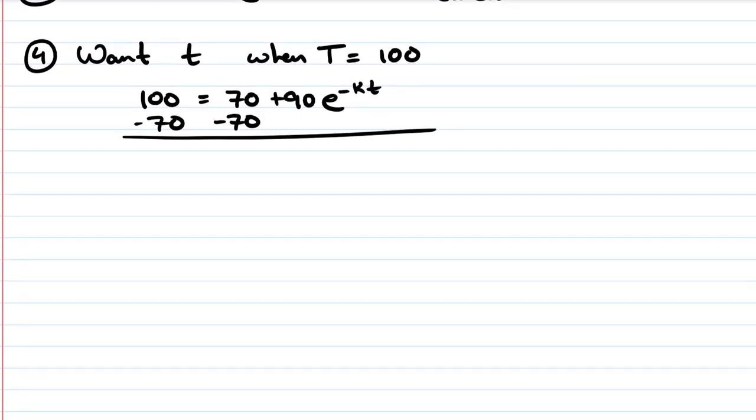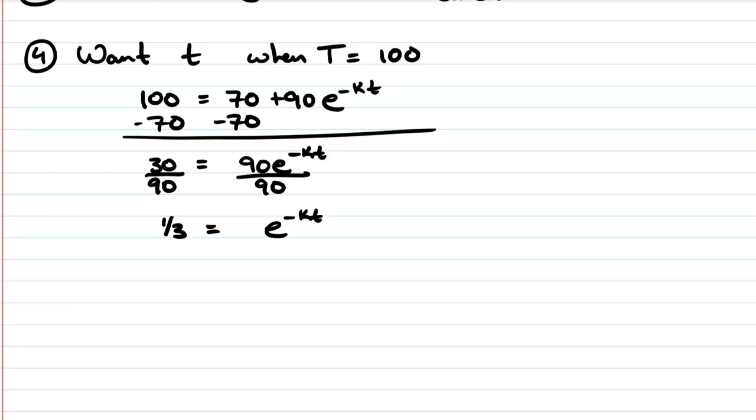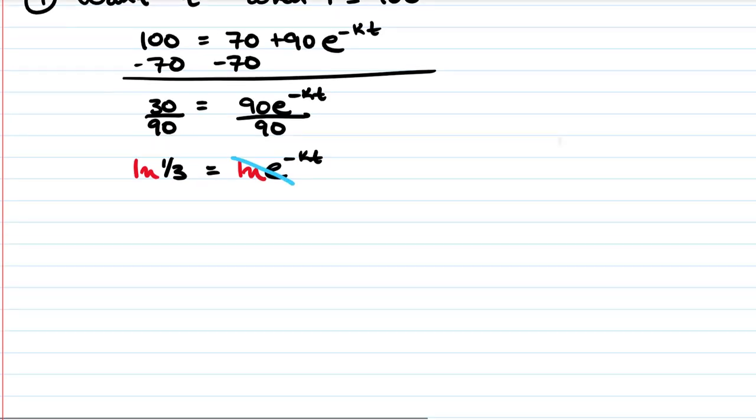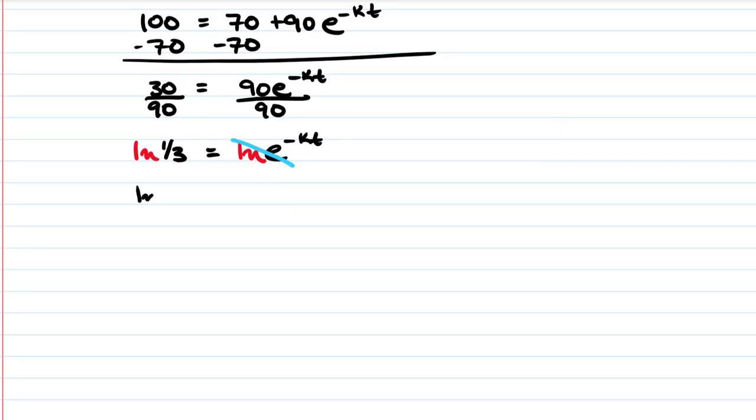So we isolate our exponential by minusing 70 from both sides, and we get 30 is equal to 90 e to the negative kt. Divide by 90, divide by 90, and we get 1/3 is equal to e to the negative kt. We then take the natural logarithm of both sides, and the e and the natural log reduce out, and we have the natural logarithm of 1/3 is equal to negative kt.